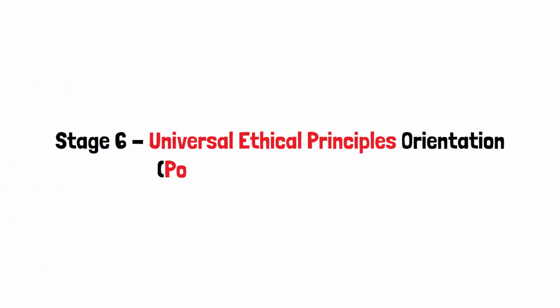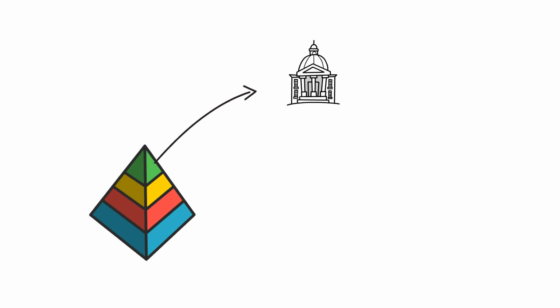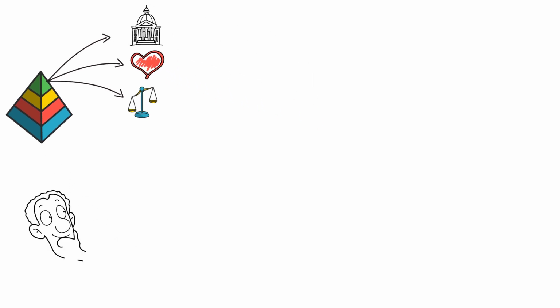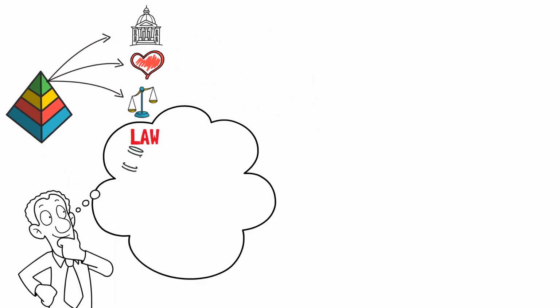Stage 6. Universal ethical principles orientation, post-conventional stage. At the highest stage of moral reasoning, individuals are guided by universal ethical principles. They strive to approach problems with compassion, carefully weighing these moral principles. If you have reached this level, you would likely believe in the moral principle of not stealing. However, another moral principle comes into play, the right to live.